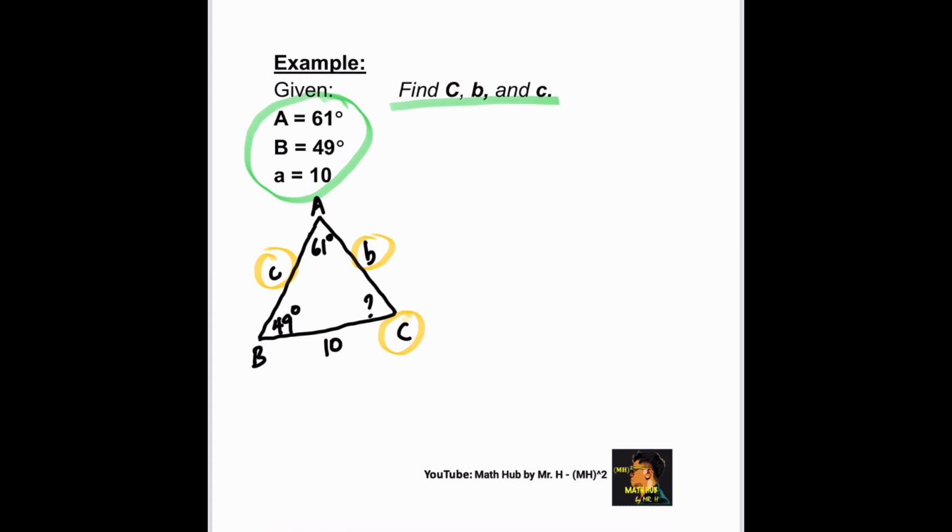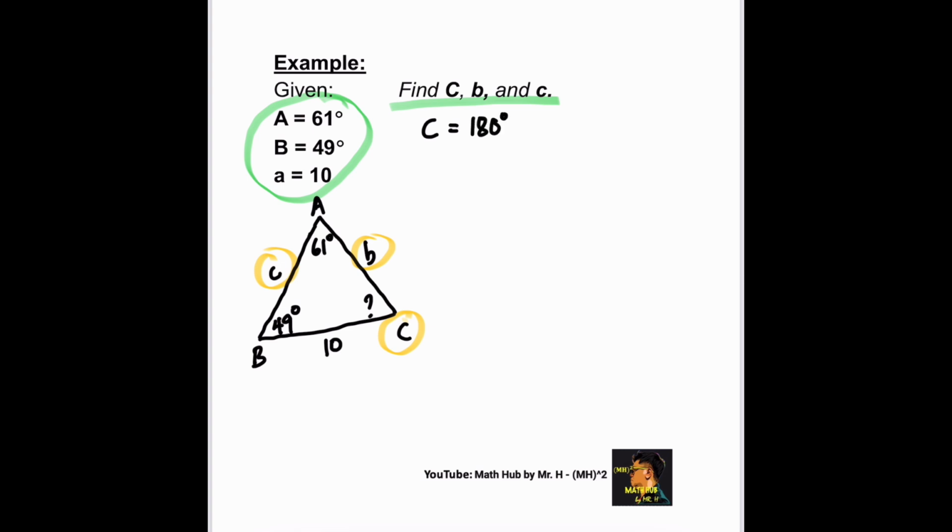First, we can find the measure of angle C. We were given the measure of angle A and angle B, and we know that in a triangle, the measure of all the interior angles is 180 degrees.